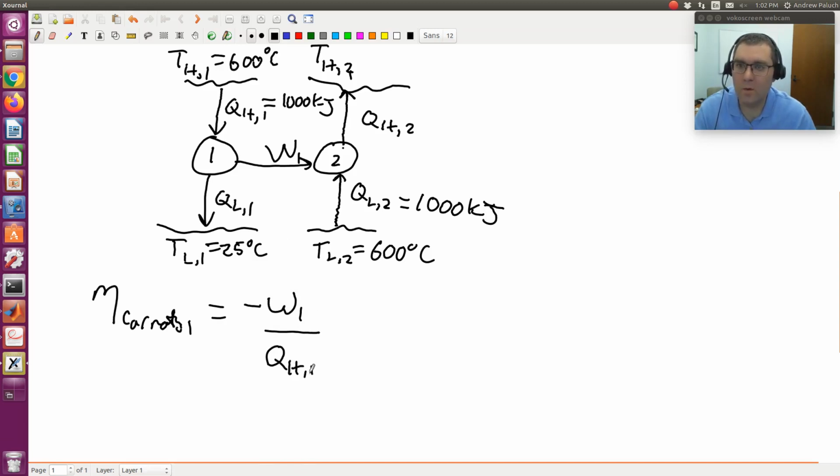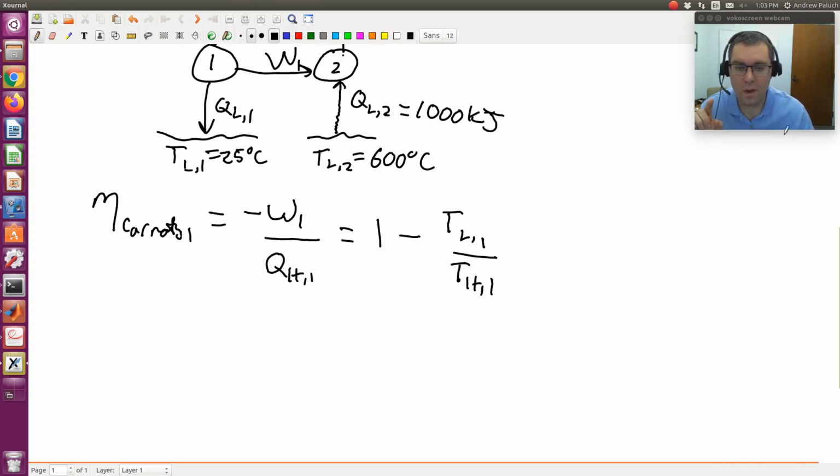I know QH1, I don't know W1, and that's equal to 1 minus the temperature of my low temperature reservoir, TL1, divided by TH1. I know TL1 and I know TH1. That's good, right? One note: this is a ratio of temperatures, so I have to make sure I use Kelvin here. So I know TL1, TH1, hence I know eta. I know QH1, I just don't know W1.